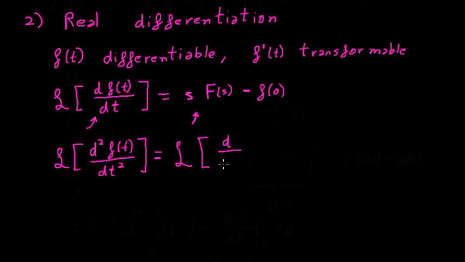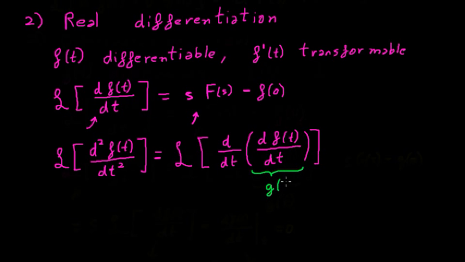This is the derivative with respect to time of the derivative of f of t with respect to t, and we'll call this derivative the function g of t.